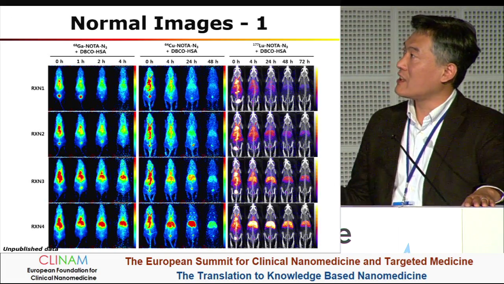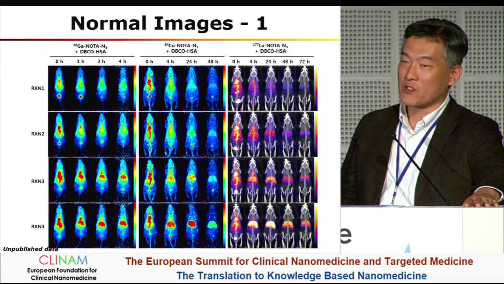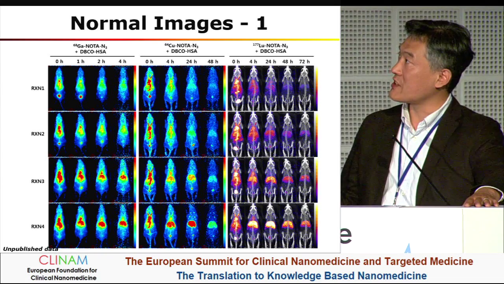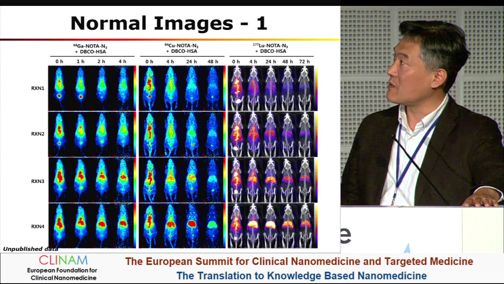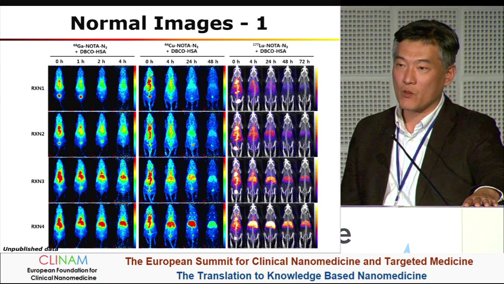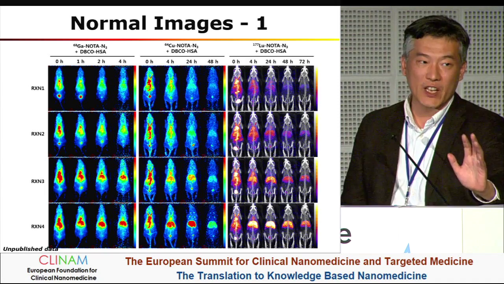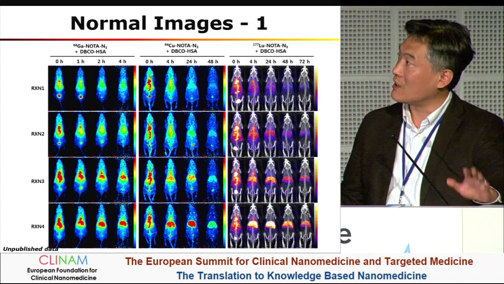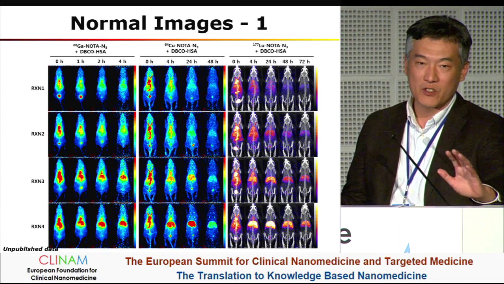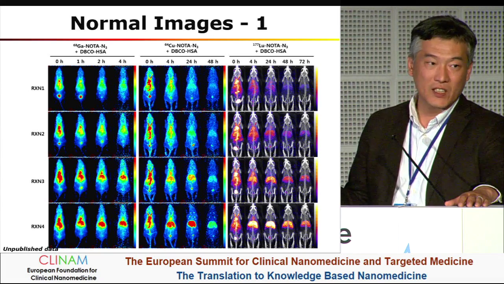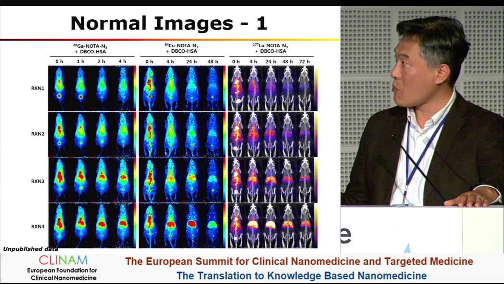And after that, we could get normal mouse images using gallium-68, copper-64 and lutetium-177, which is used for radionuclide therapy. You can see that as the number of adipo moieties on the albumin surface increases, higher liver uptake happens.